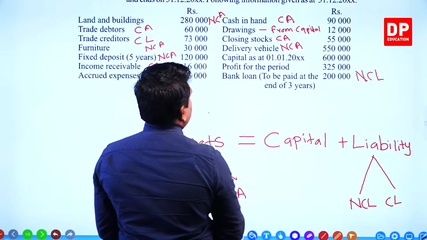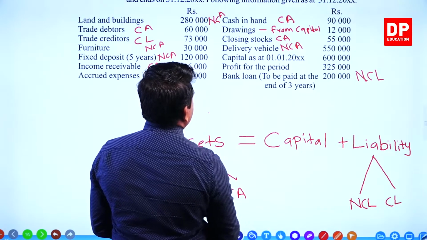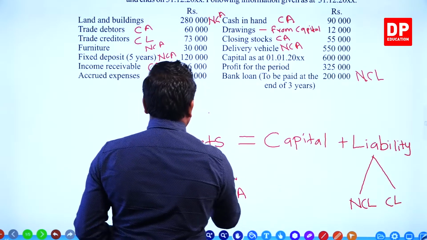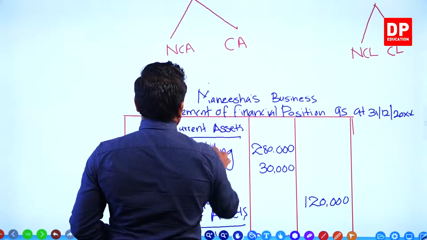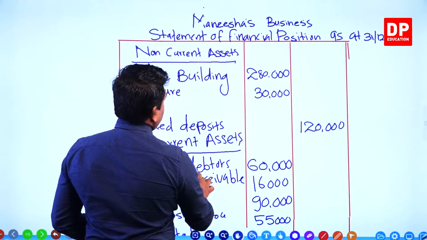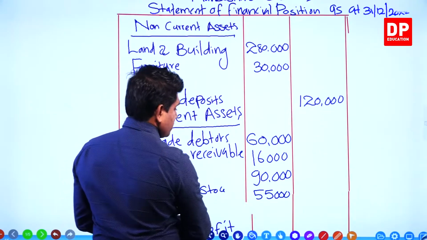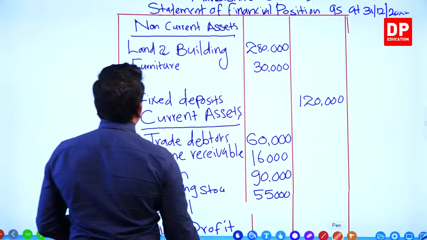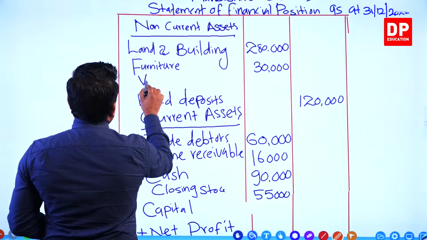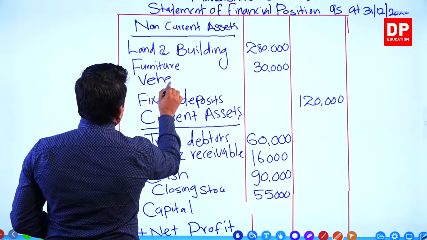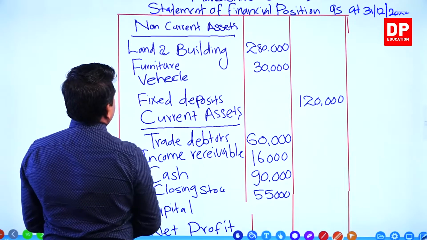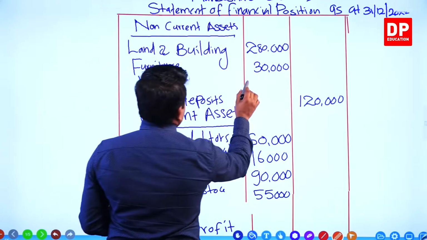Delivery vehicle 550,000. Capital 600,000. Delivery vehicle 550,000. We can put here vehicle. It's okay. Vehicle 550,000.